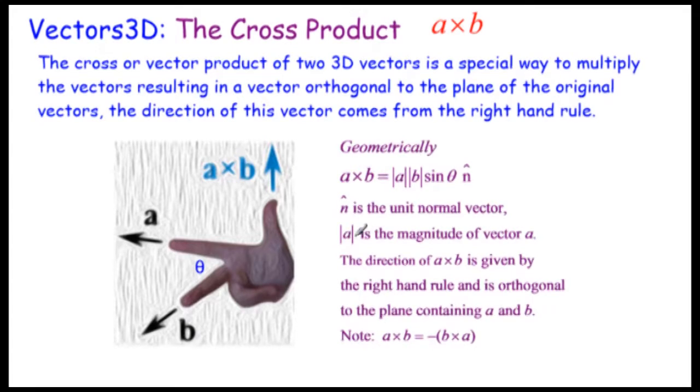The magnitude of A, or length of A, and B we need here as well. Now the direction is given by what's called the right hand rule.